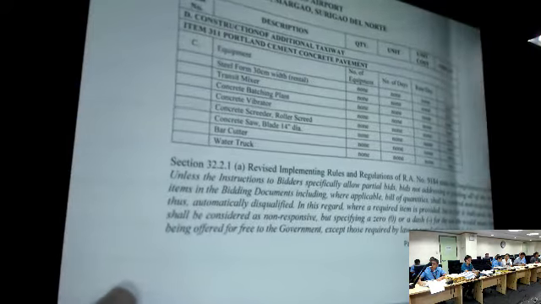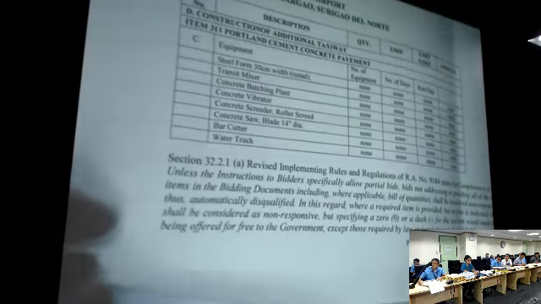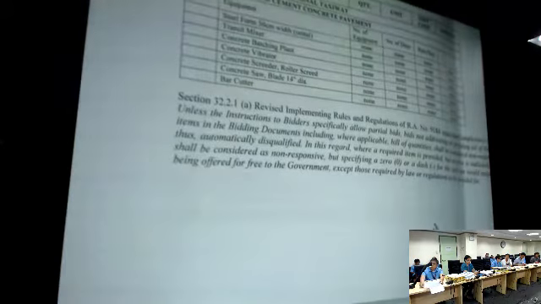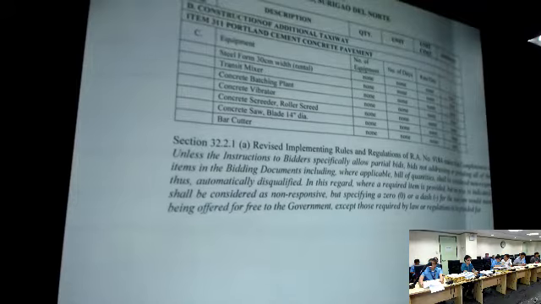The incompleteness of Cebu 7H is the non-inclusion of the following equipment for item 311 for cement concrete pavement. And likewise AG Araha, the non-inclusion of the equipment for item 311 PCCP for the construction of additional castle.